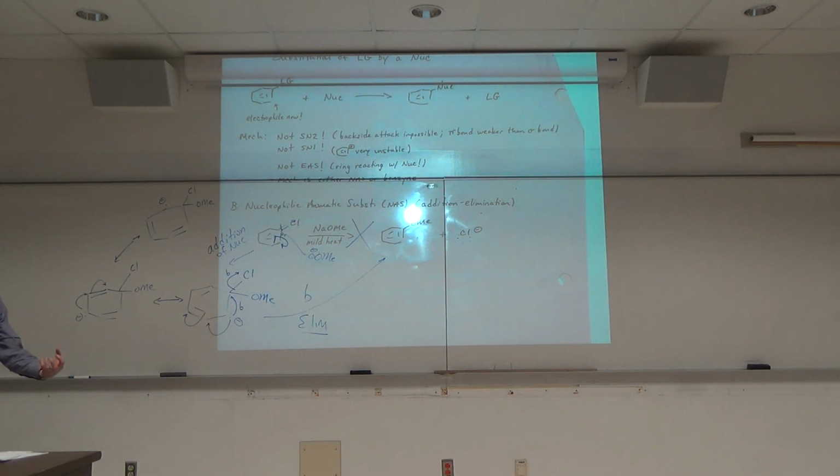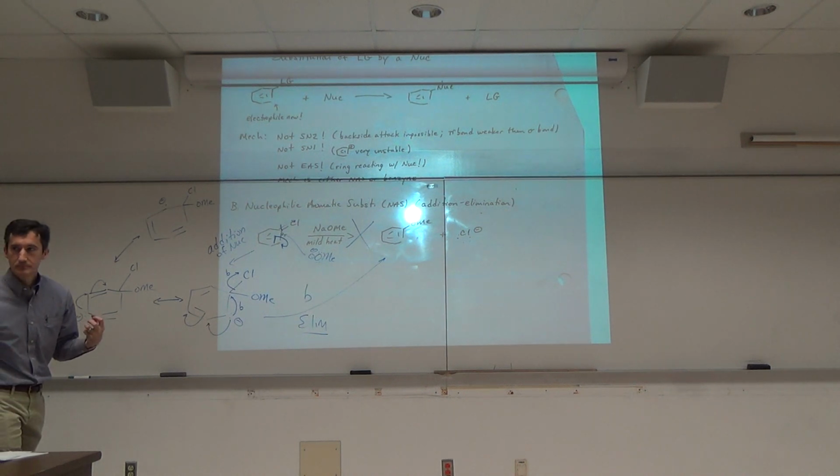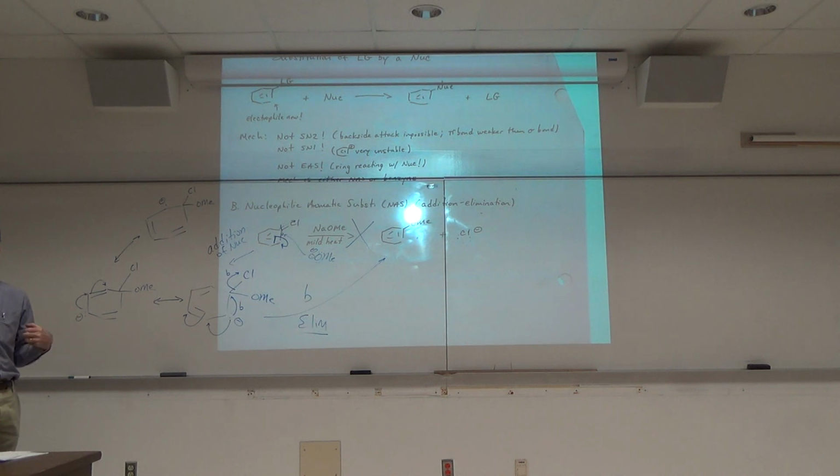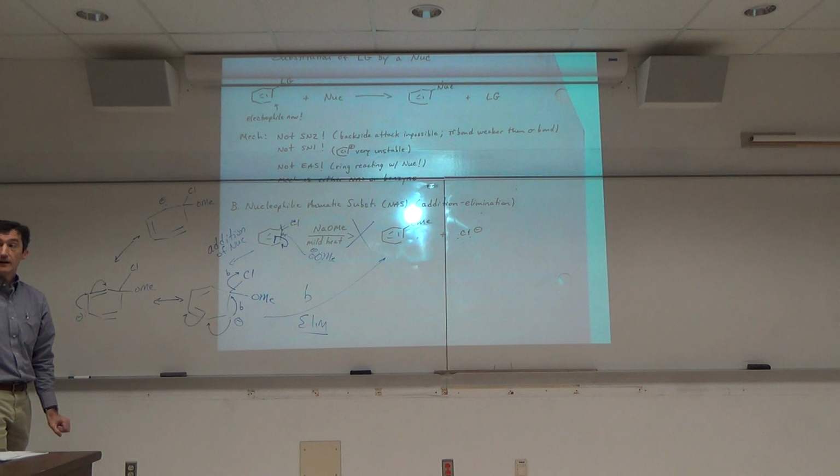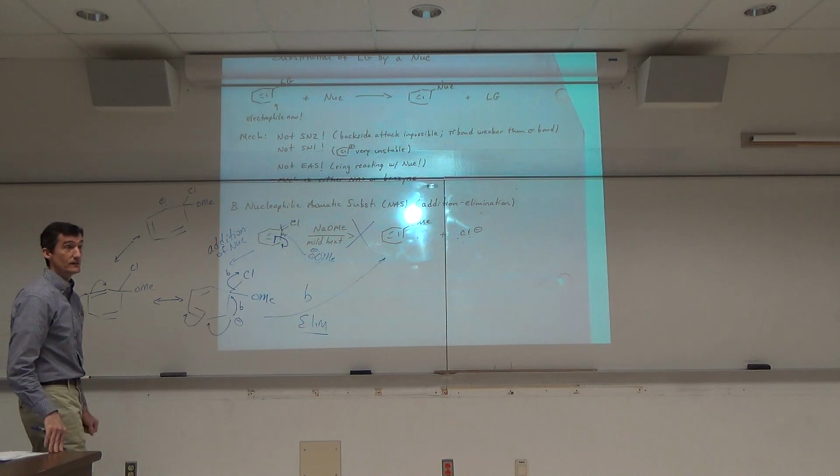Very focused. Why does it not happen? Apparently because what? Not enough activation energy. Why is there not enough activation energy? Apparently because the rate determining step is too slow. Why would the rate determining step be slow? The intermediate is too high in energy.